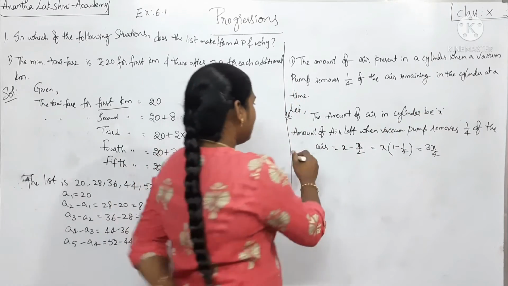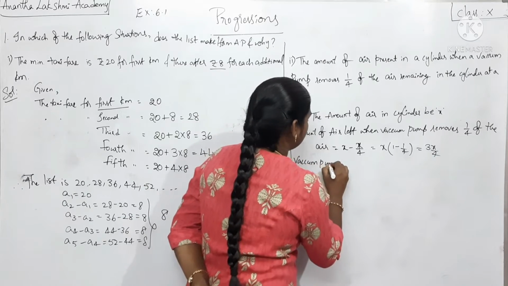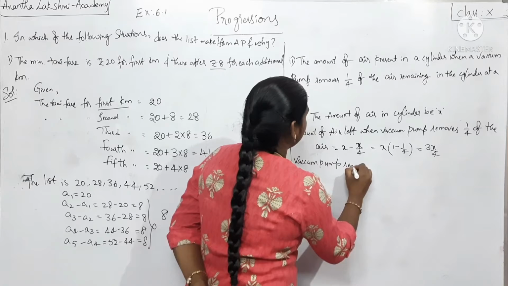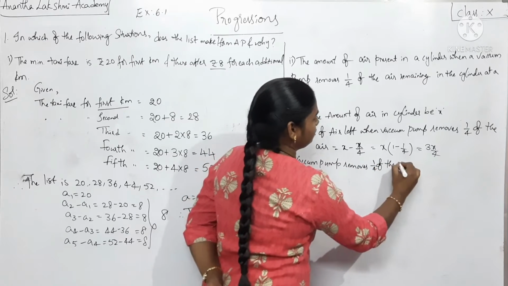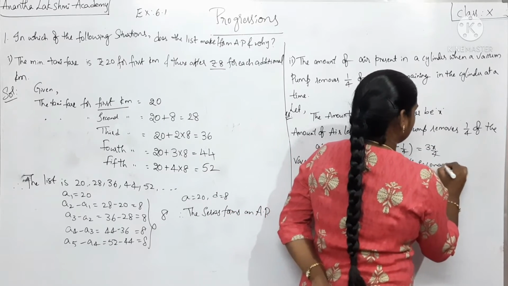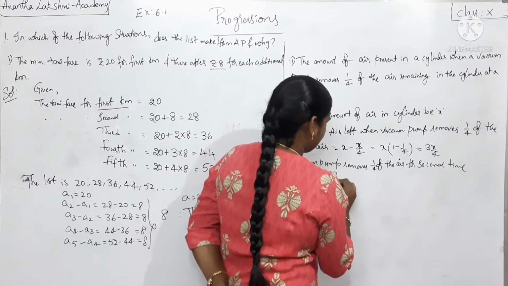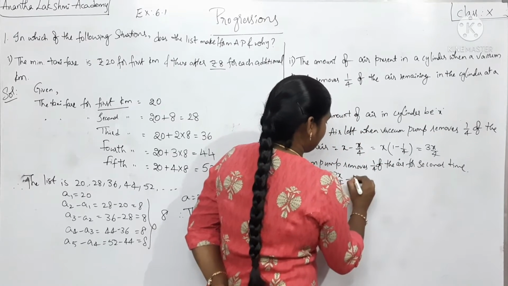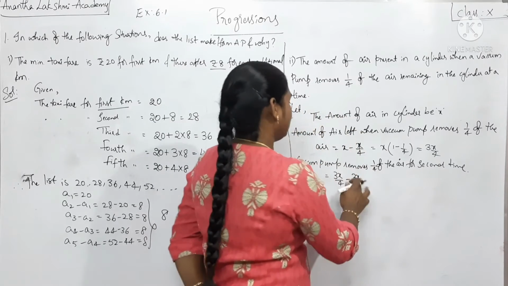For the second time, when the vacuum pump removes 1/4 of the air for the second time, we have 3x by 4. That is nothing but 3x by 4 minus 1/4 of this.